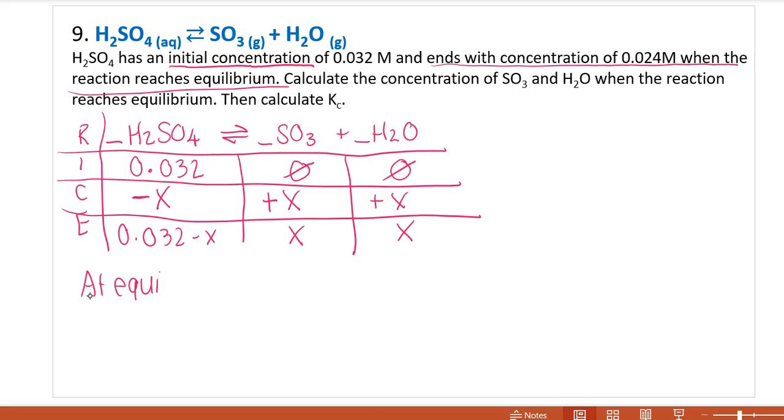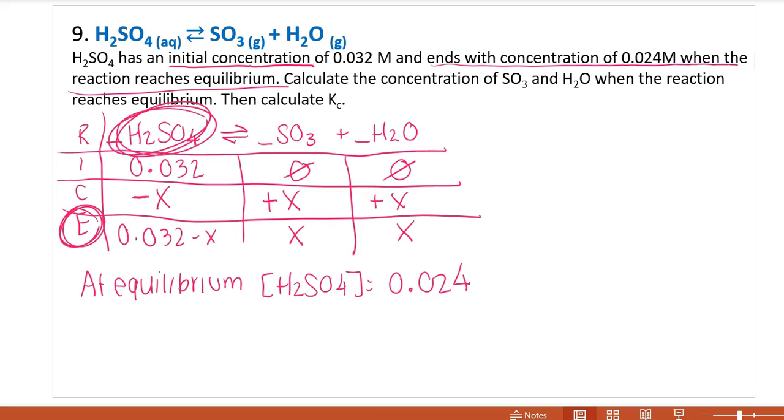So I know at equilibrium, the concentration of sulfuric acid is equal to 0.024 molar. I also know at equilibrium, H2SO4 is equal to 0.032 minus X. So I can set those two quantities equal to each other and solve for X.